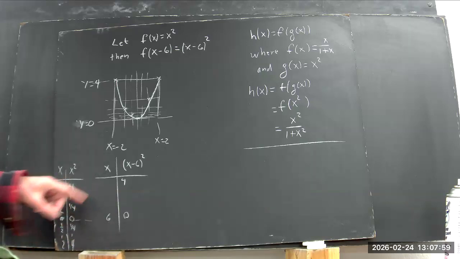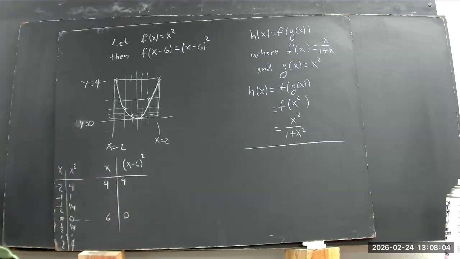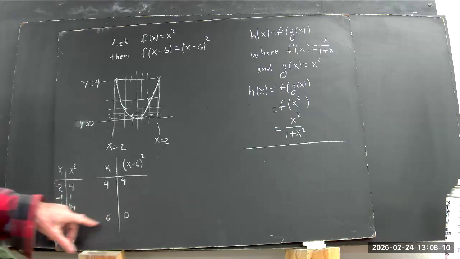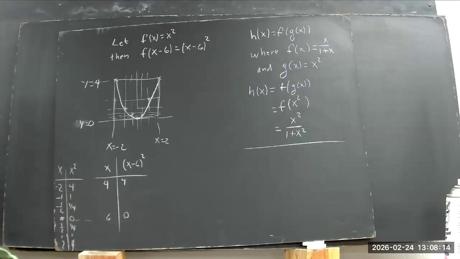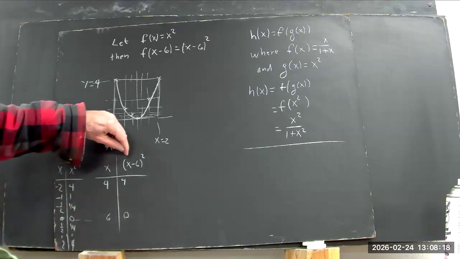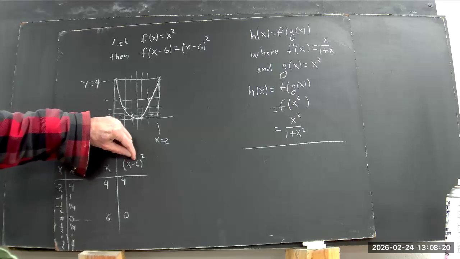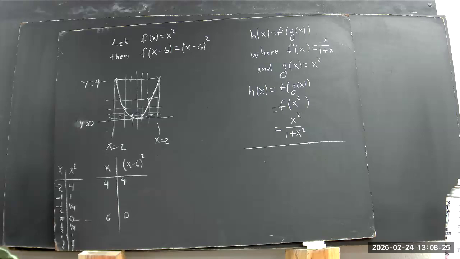That's just like moving from 6 to 4. Another way of looking at it is, how do I get 6 from 0? I add 6 to 0, right? I add 6 to negative 2 and I get 4. And you can check: if I plug in 4 here, I get 4 minus 6, which is negative 2. Square that, I get 4, just like I said I would.